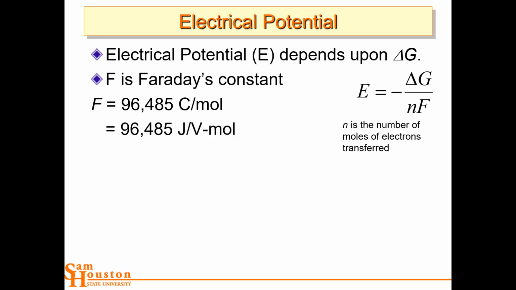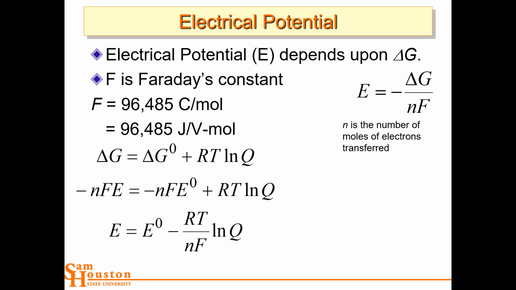And it's also the conversion of joules per volt mole, so the joule per mole, the energy per volt. So that's the conversion of Faraday's constant, and it's useful in this. So what that does is it converts the joules per mole of electrons in this delta G over to volts, which gives us the cell potential.